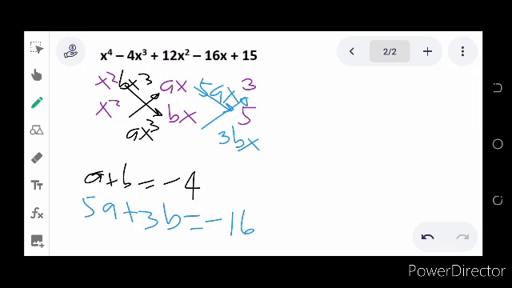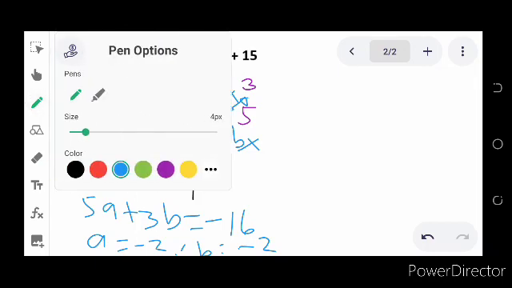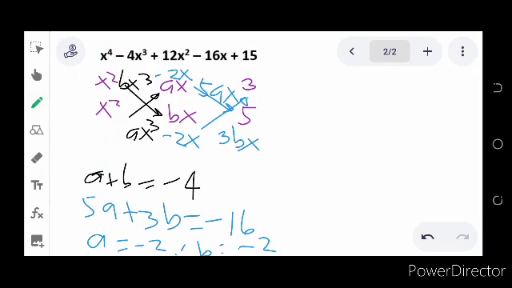Again, I'm not going to show the solution, but when you solve this, you'll get a value of a which is equal to negative 2, and a value of b which is equal to negative 2 as well. Then we replace this a with negative 2, so this becomes negative 2x, and we replace the b by negative 2, so the bx becomes negative 2x. Now we'll check if we will come up with the coefficient of the x squared term.